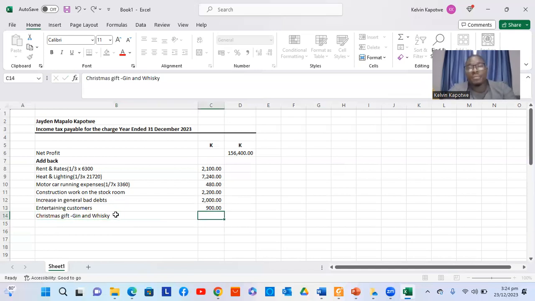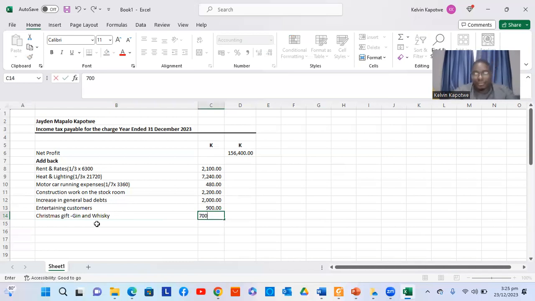So despite them being 50 kwacha each, they do not exceed 100 kwacha, but the fact that it is not bearing any advertising component disqualifies it. As such, we are going to disallow it. So gifts was 700 kwacha, disallowed.